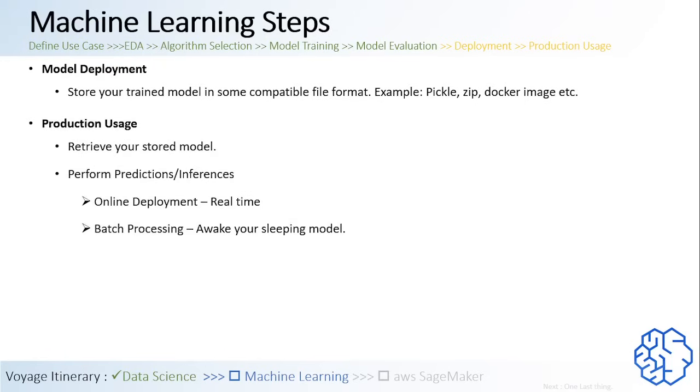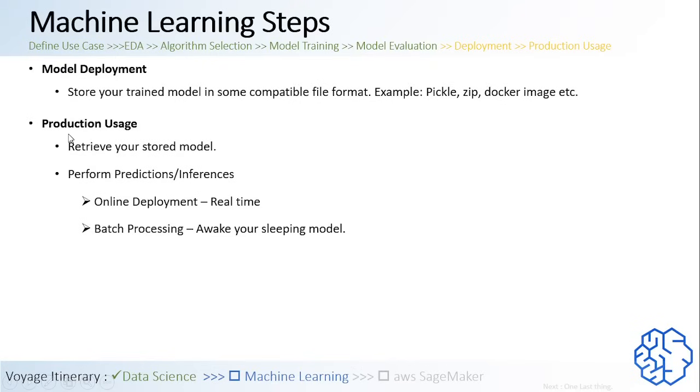Now in production usage, what are you going to do? You have zipped your model, you have moved your model package from your development machine to a production machine. Now this is a zip file, right? It's of no use until you have a program that can read this file. So that's where the production usage comes into place, right?